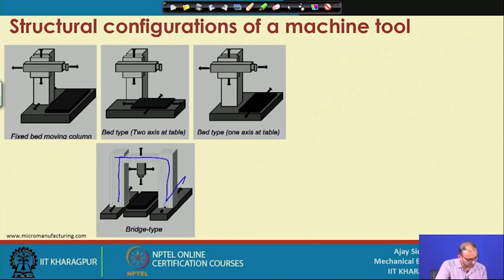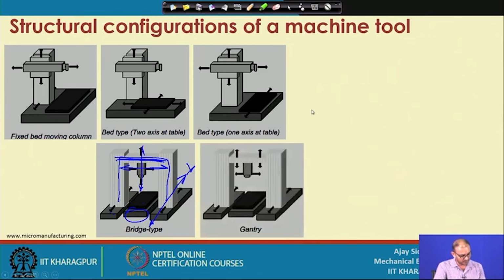This whole bridge is moving in the y direction, and your tool is on the center of this bridge, and then your z axis is moving up and down in this direction, as well as moving in the x direction, right. Here the workpiece is independent of the movement of the y axis. So, this construction is also very popular in machine tools.